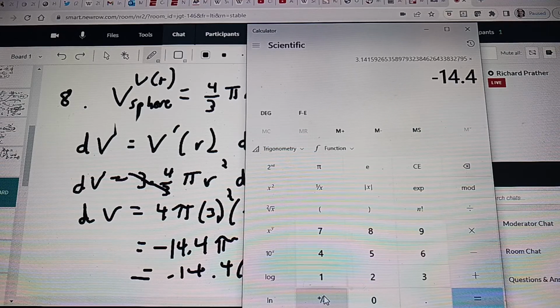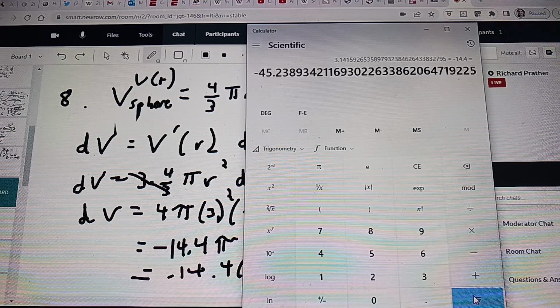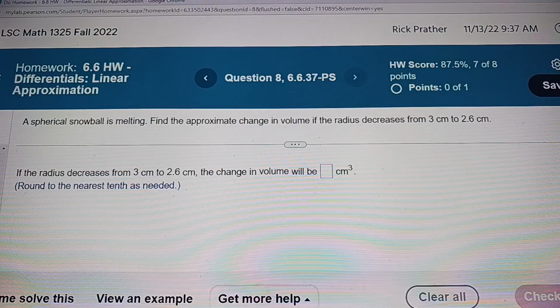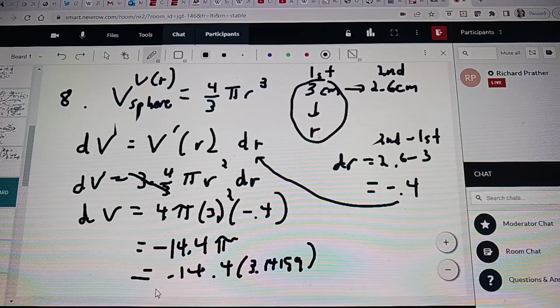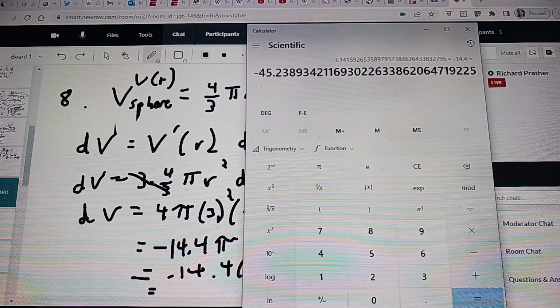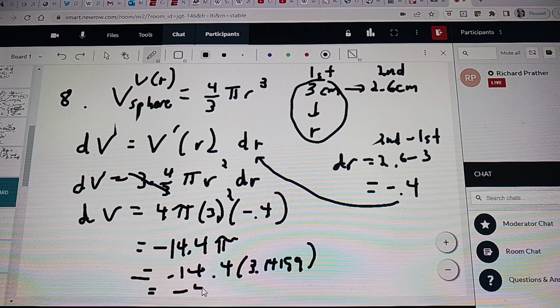So generally the rule is when the answer comes out as an integer, they leave pi in the answer, but if the answer has decimals in it, then they'll let you plug decimals in. And they wanted the nearest tenth. So that is negative 45.23, or negative 45.2.